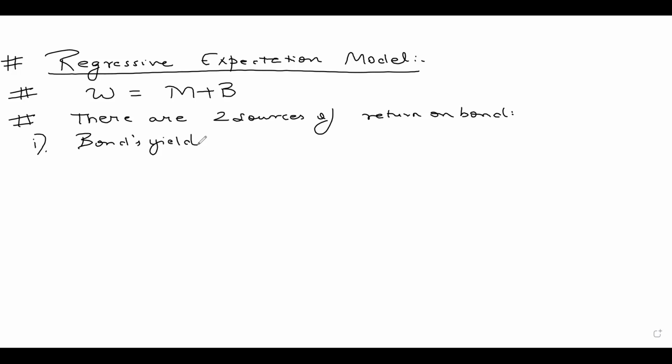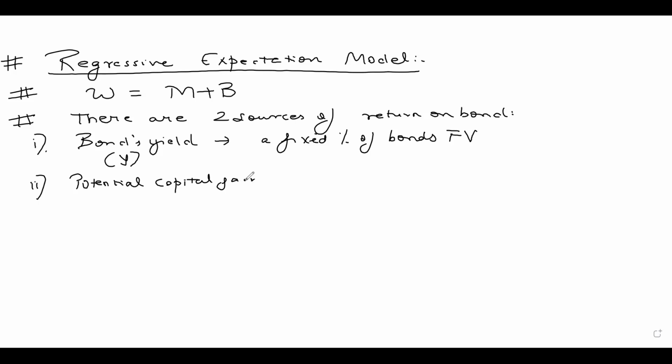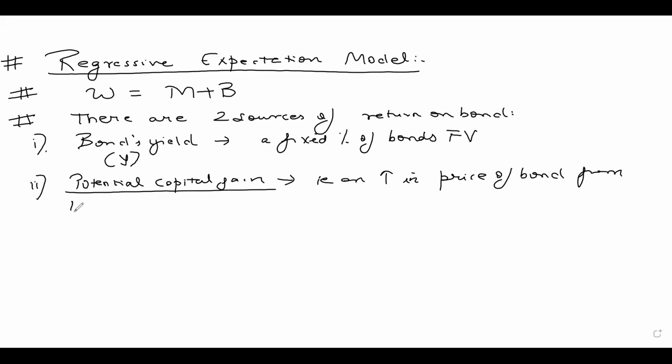Bond's yield is a fixed percentage of the bond's face value, and we denote the bond's yield by Y. And then we have the potential capital gain, that is an increase in the price of the bond from the time the bond is bought to the time the bond is sold.